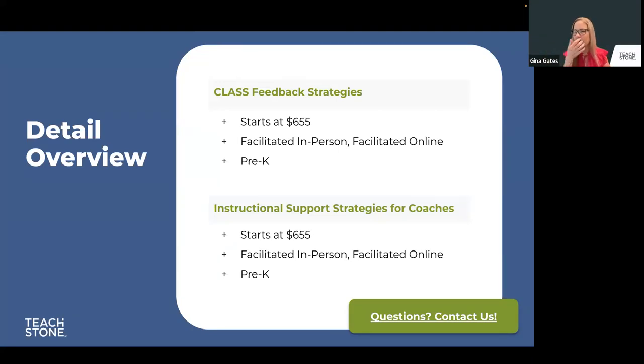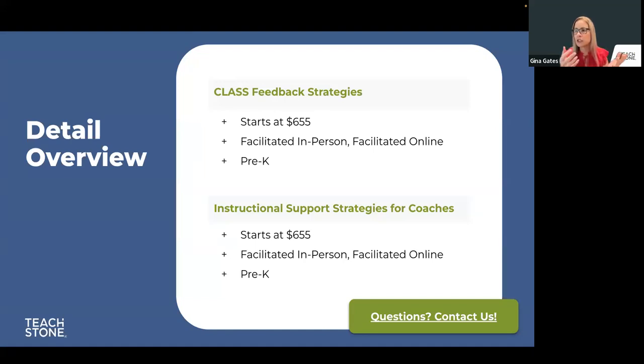So that's the pricing that Isabella just gave. That is for a group Feedback Strategies training or a group ISS, Instructional Support Strategies, training. Each of those is $5,000 for a facilitated training conducted online via Zoom, and $6,500 for a facilitated training conducted in person at your location.